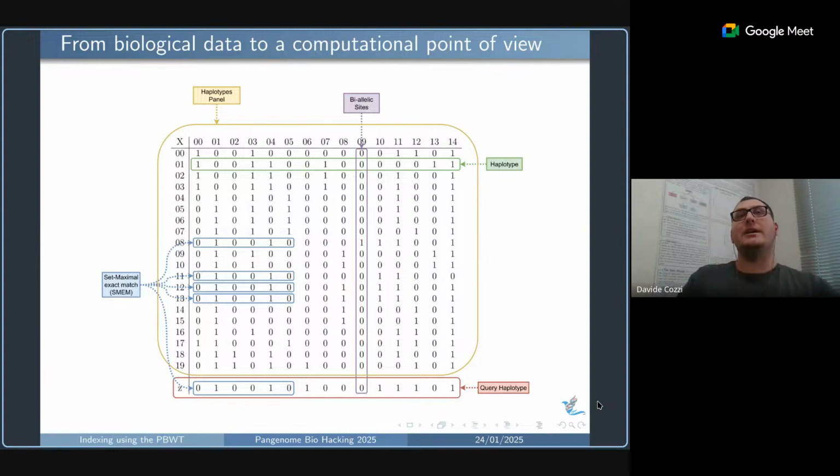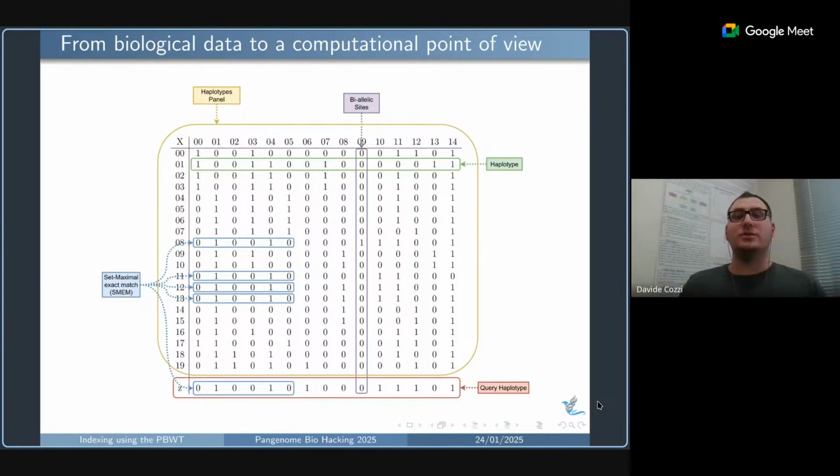Then we have two main classes of problems. The first one involves finding matches, finding similarities between the haplotypes inside the reference panel.